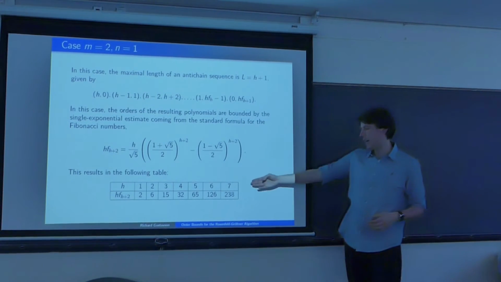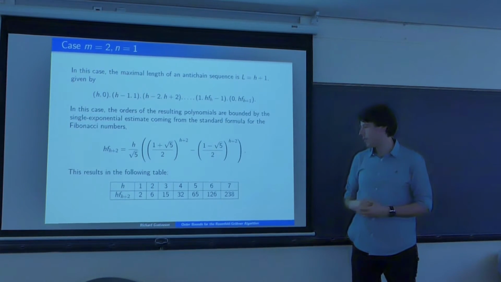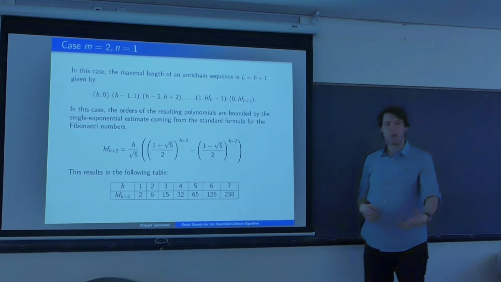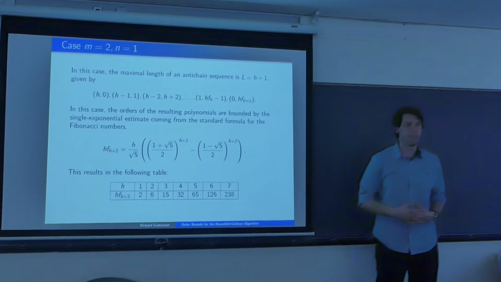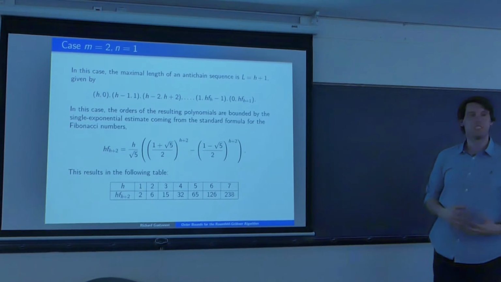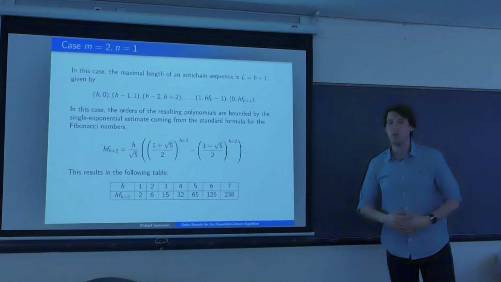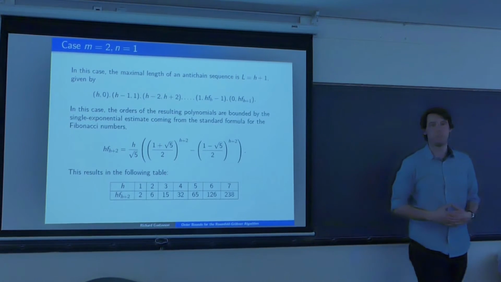The top row would be the orders of your input values, the bottom row would be the maximum order of your output, and it's exponential in h. So very nice result, single exponential for m equals 2 derivations, n equals 1 differential indeterminate.